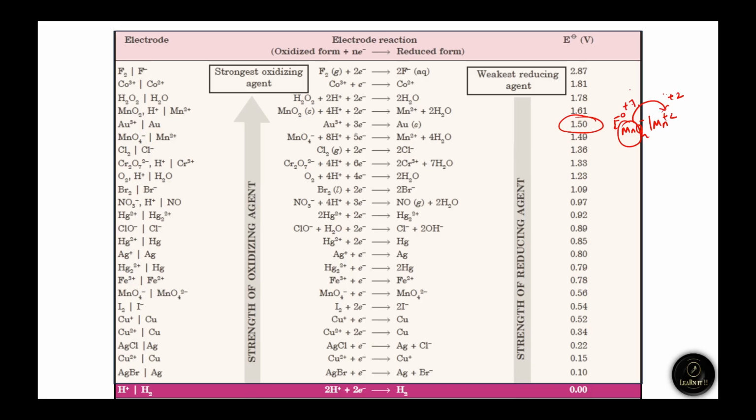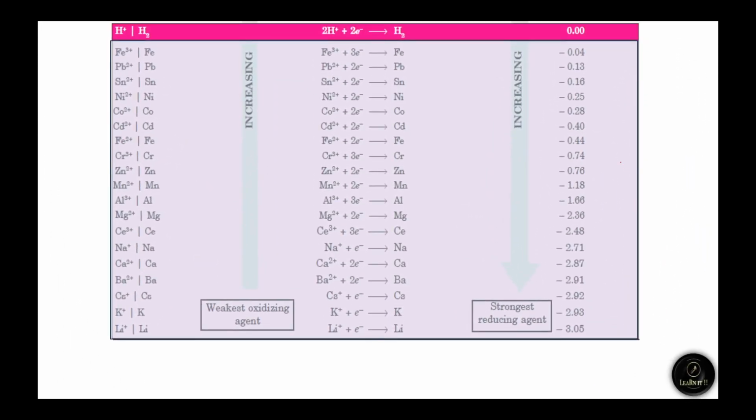It means there will be accepting of 5 electrons. So it is reduction. So if they give like E of MnO4 minus to Mn plus 2, then it is the standard reduction potential. Its value is 1.49.